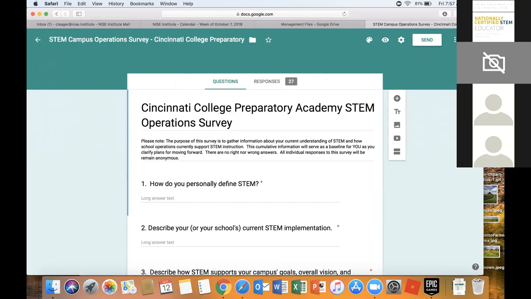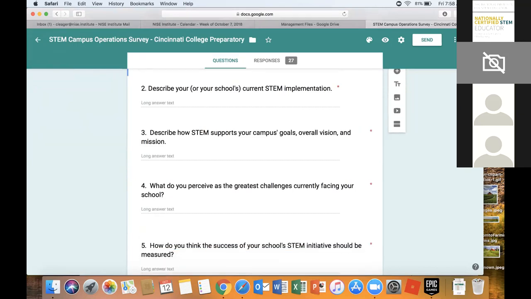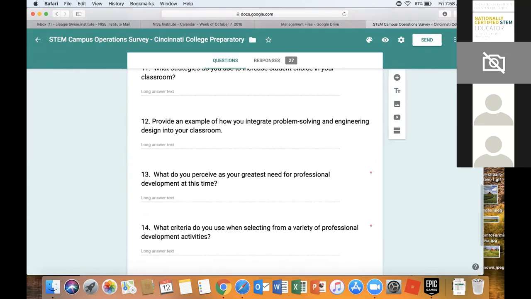As people go through this, what we have typically seen and heard is that with the 16 questions, you're looking at 20 to 30 minutes on a completion, depending on the length of response that staff are providing.